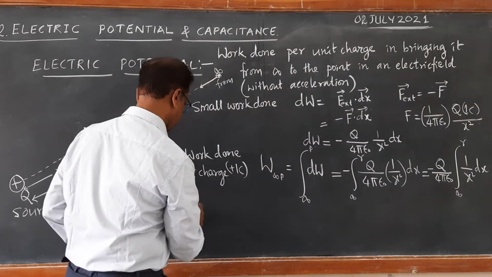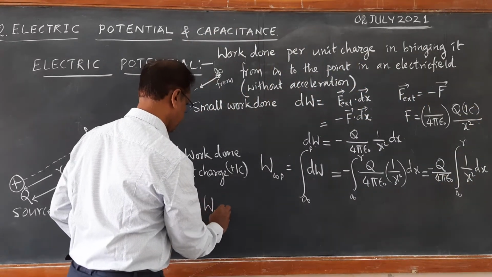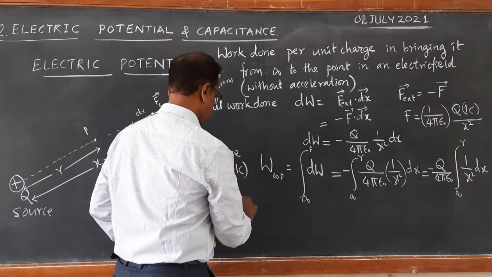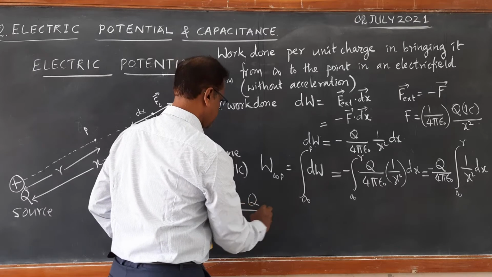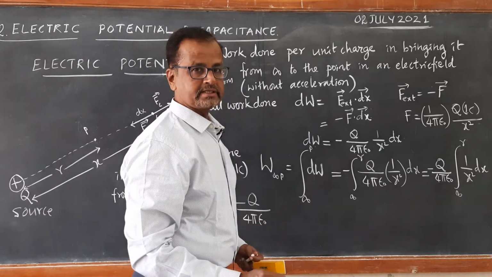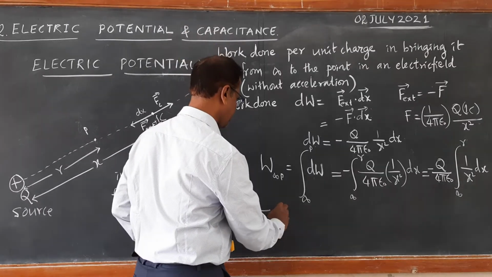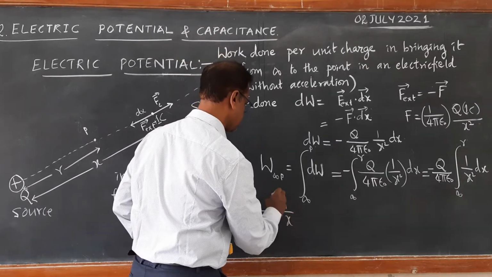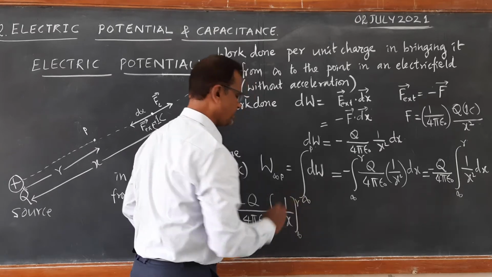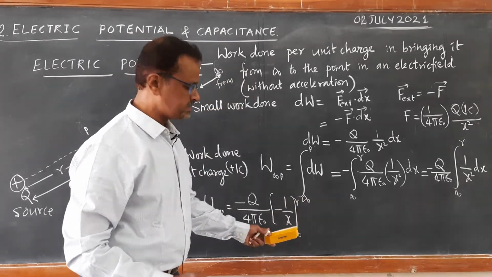So finally, therefore, we get W infinity to the point P is equal to minus q upon 4 pi epsilon naught, integration of 1 by x square dx. Integration is nothing but minus 1 by x between the limits infinity and r. Upper limit is r, lower limit is infinity.